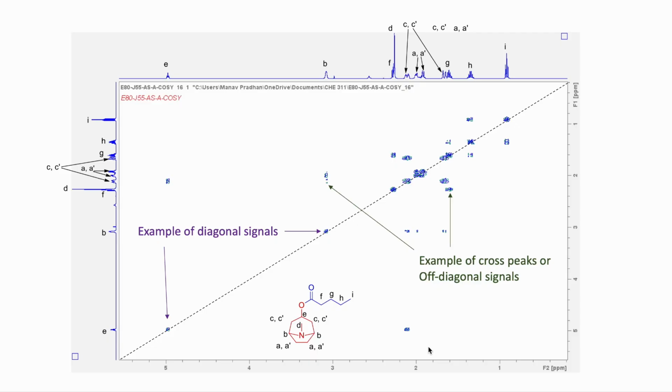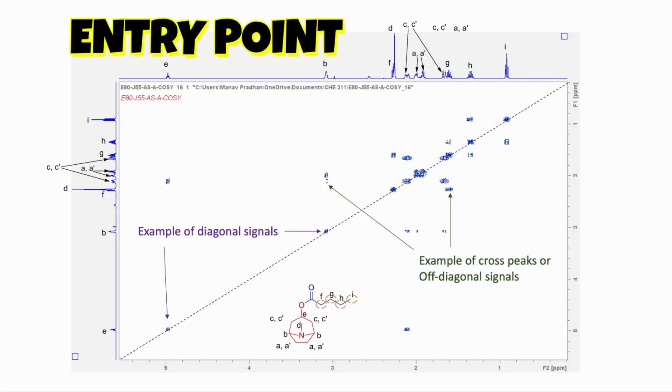Now, let's take a look at the N-butyl section labeled with the letters F, G, H, and I. We did the peak assignments previously based on our best estimation, but now we can use the COSY NMR to confirm our assignment. First, you will need an entry point, which is the proton signal you know for sure.